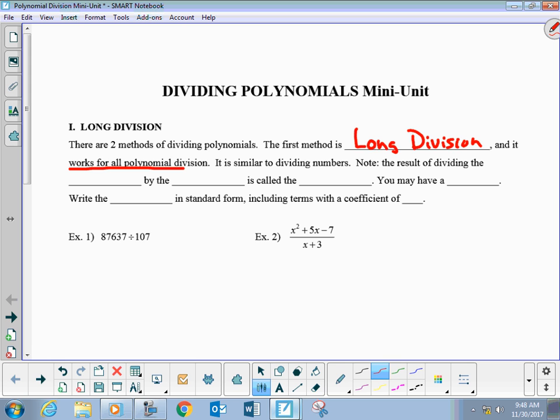Note the result of dividing the dividend by the divisor is called the quotient. Now, these are kind of like grown-up words, higher level words for basic words that you know and love. This is the same thing that we would call the numerator.